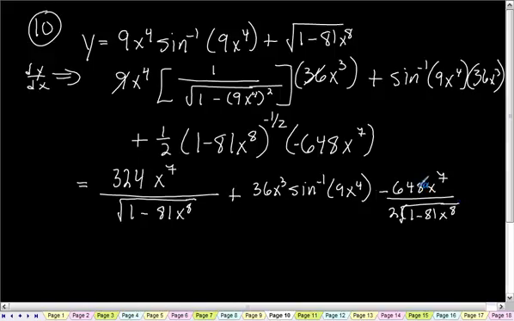That's that part. 648 divided by 2, we can simplify a little bit more. If we wanted to simplify that, we could.